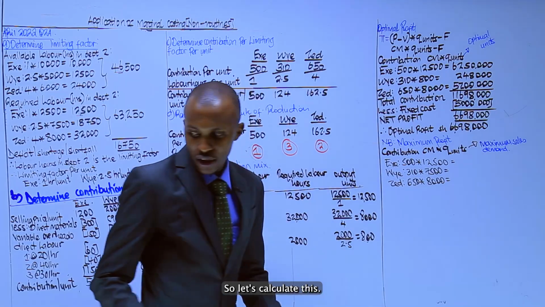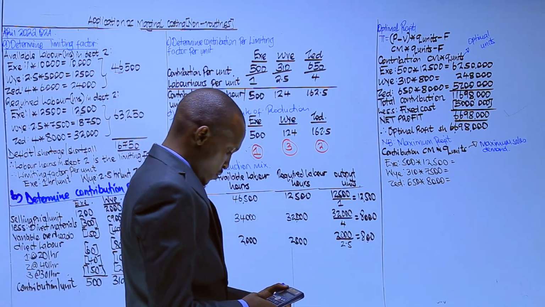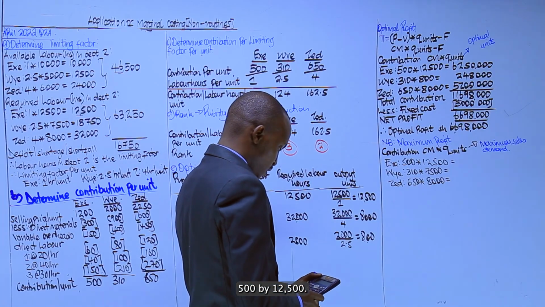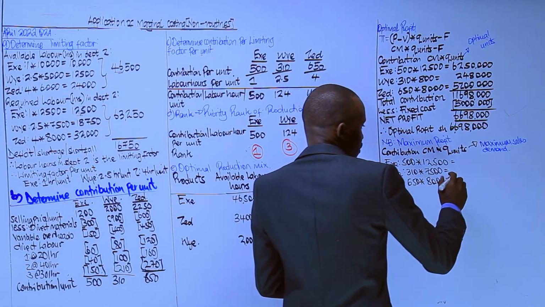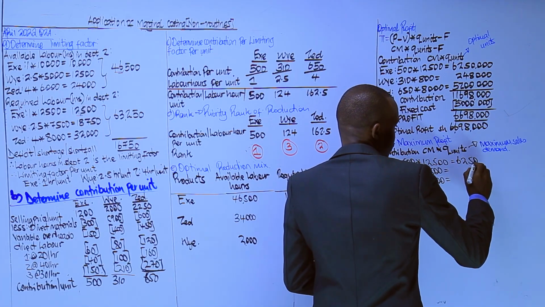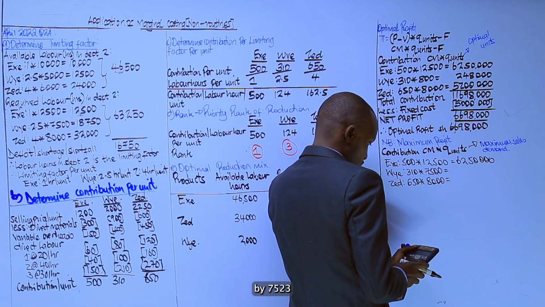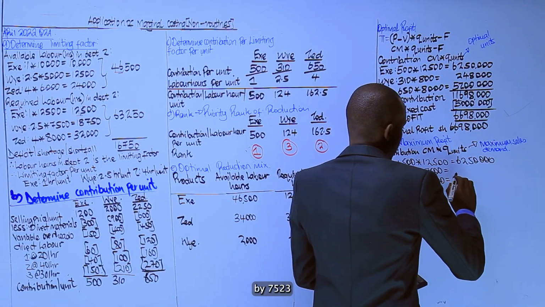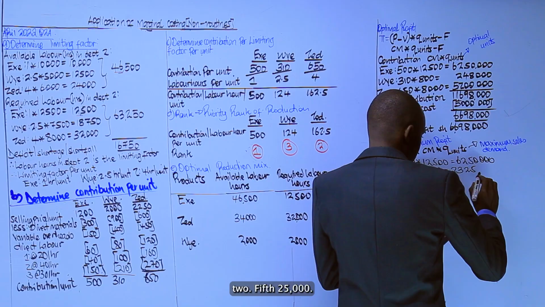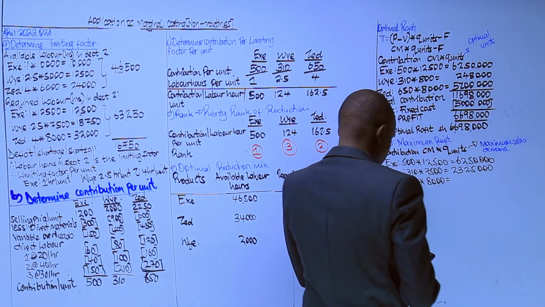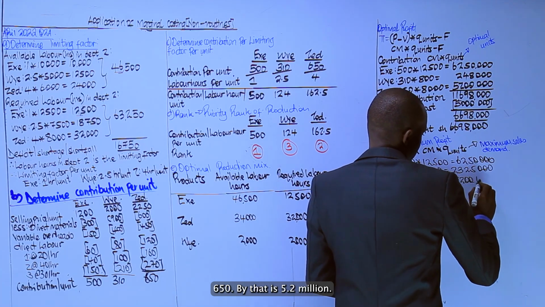So let's calculate this. 500 by 12,500 is 6,250,000. 310 by 7,500 is 2,325,000. 650 by 8,000 is 5.2 million.